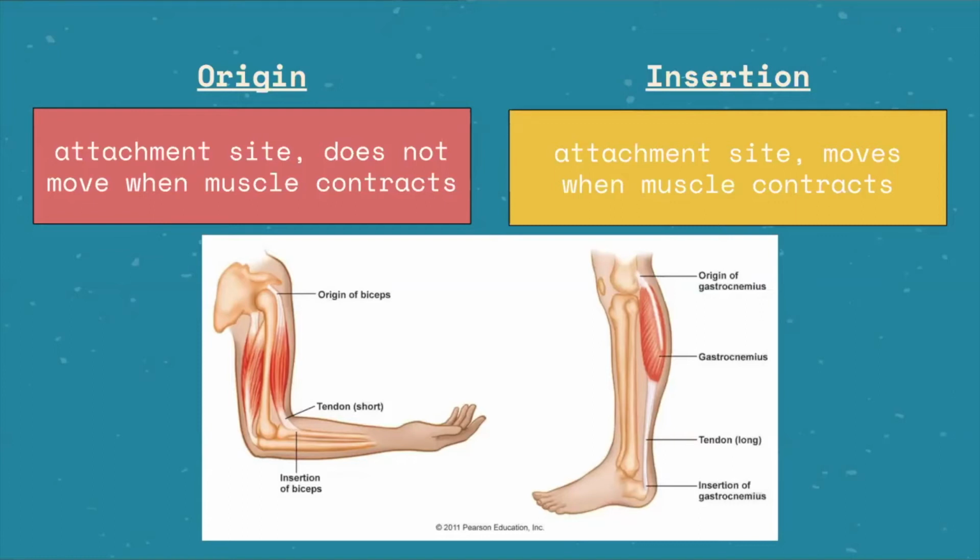And insertion would be when that muscle contracts, that attachment site moves. Okay, if we were flexing our biceps, just take a look at the left side of this diagram. Which attachment site would move?